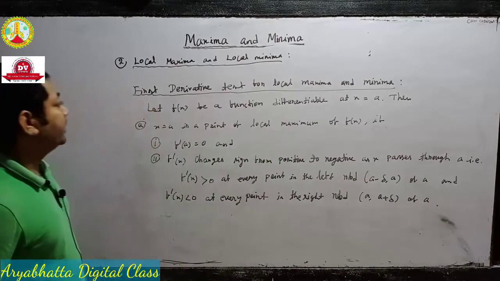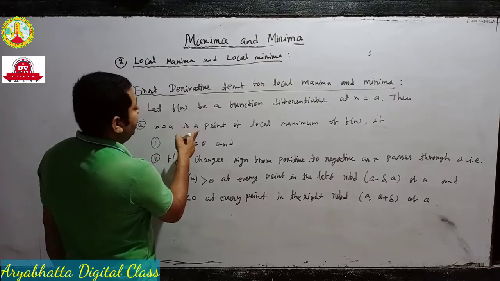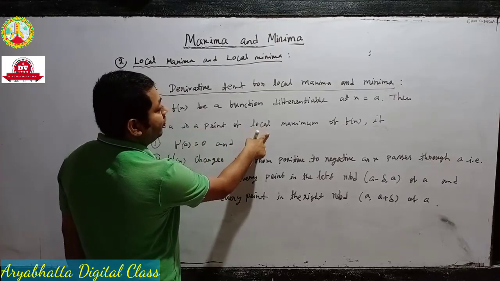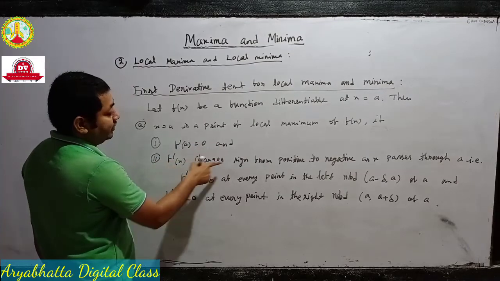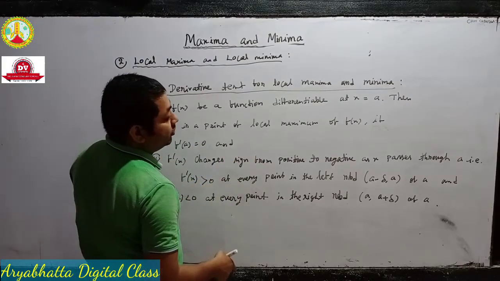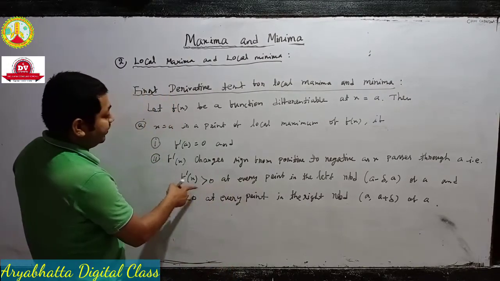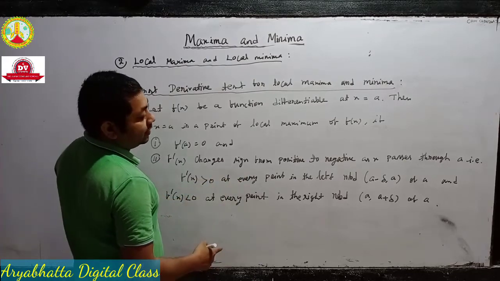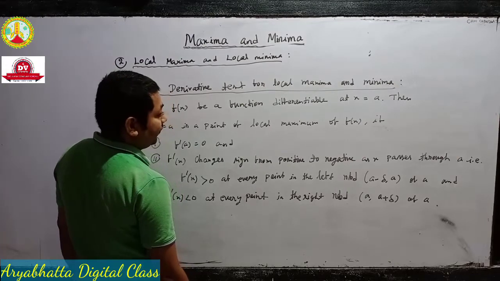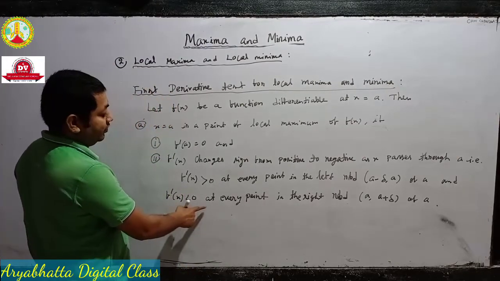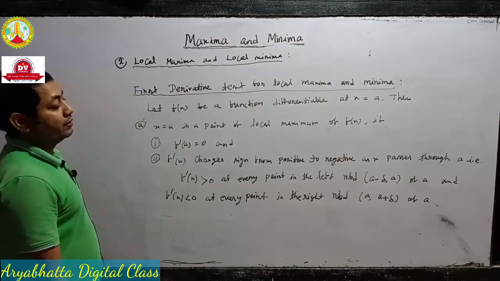Remember, let f of x be a function differentiable at x equal to a. Then x equal to a is a point of local maximum of f of x if f dash a is equal to 0 and f dash x changes sign from positive to negative as x passes through a, that is f dash greater than 0 at every point in the left neighborhood (a minus delta, a) of a and f dash x less than 0 at every point in the right neighborhood (a, a plus delta) of a.